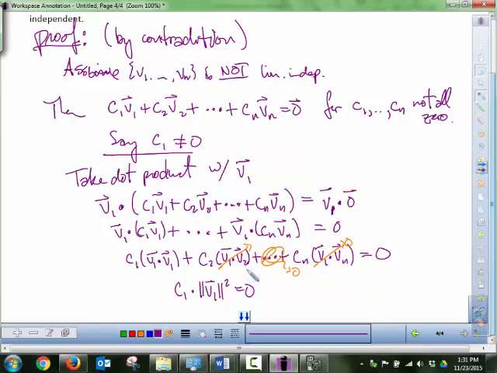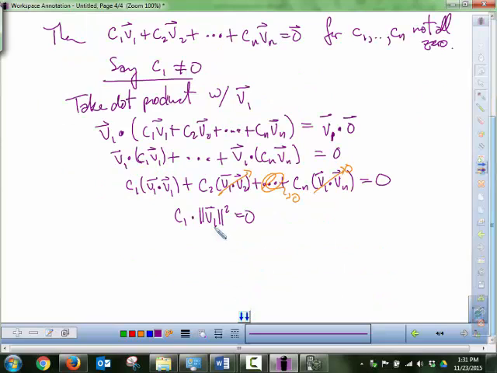Okay. Now, we have to assume that this is a non-zero vector, that the length of V1 is not equal to 0. So C1 has to equal 0.